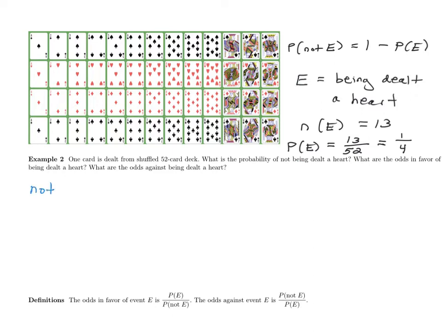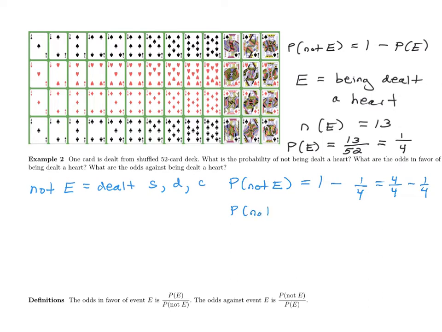Now the question is, what is the probability of not this happening? Not E means you are dealt, well, not a heart, but a spade, a diamond, or a club. So it's all those possibilities. If we use this formula to figure out that probability, the probability of not E is simply 1 minus 1/4, which is 4/4 minus 1/4. 4/4 and 1 are the same thing.